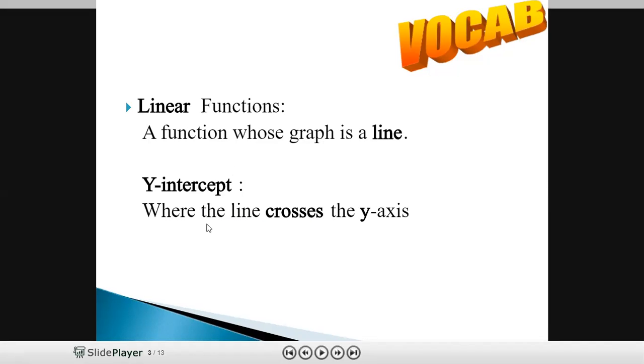Then we said a function whose graph is a line, so this is called a linear function. And what about the y-intercept? The y-intercept is where the line crosses the y-axis, at the point 0, b. Did you remember?